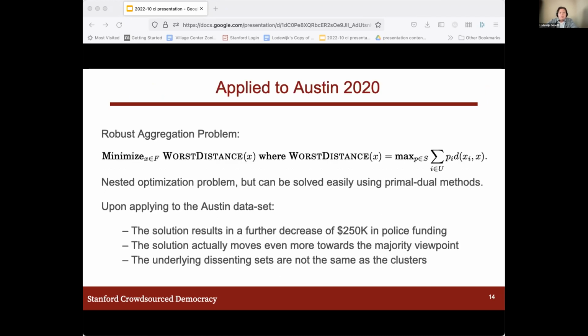We find this nested optimization problem. D is a penalty function here for participant i that they would get from the aggregate solution X. So X is the original aggregate solution, and X_i is their own preference.